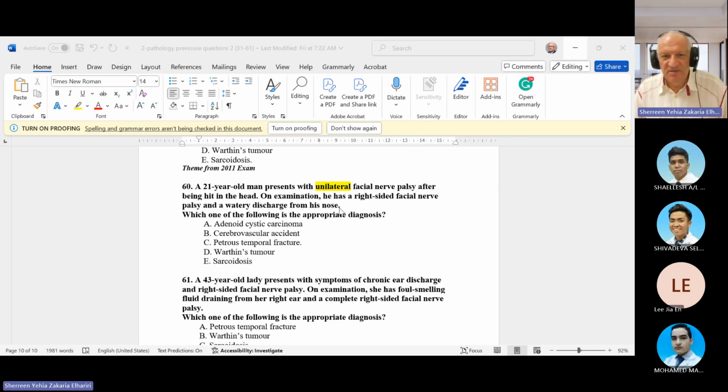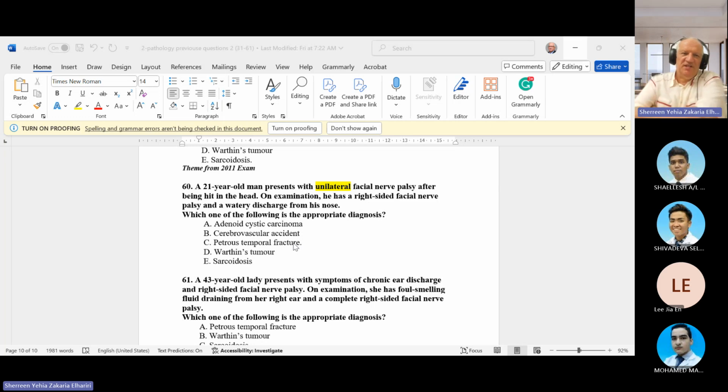CSF coming from the nose, so this patient has a fracture of the skull base. And this fracture is anatomically related to the facial nerve. If you remember the anatomy of the facial nerve, it comes out at the end from the stylomastoid foramen. So this area is related to petrous temporal bone fracture.